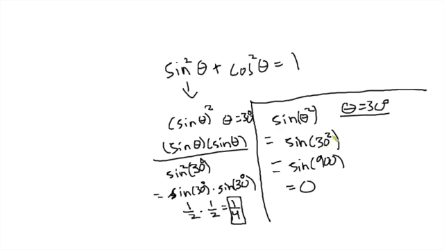Then you have to square 30, so you get sine of 900 degrees. That comes out to 0. So big difference between sine squared theta and sine theta squared. If you have to plug in an angle value and actually solve, make sure that you keep track of this critical difference.